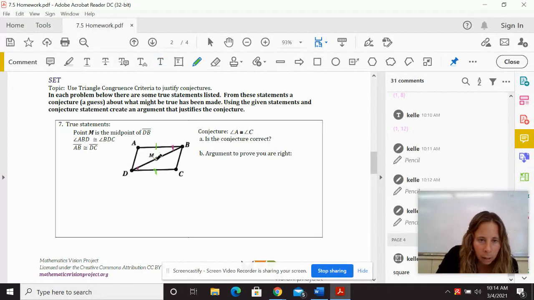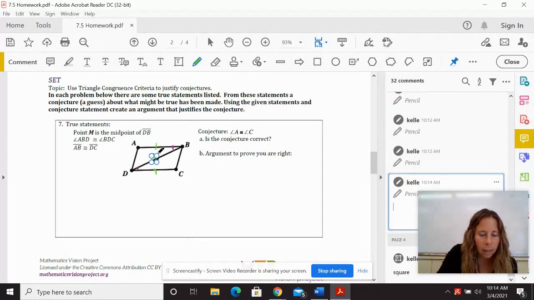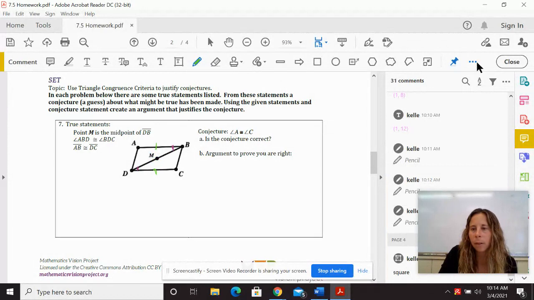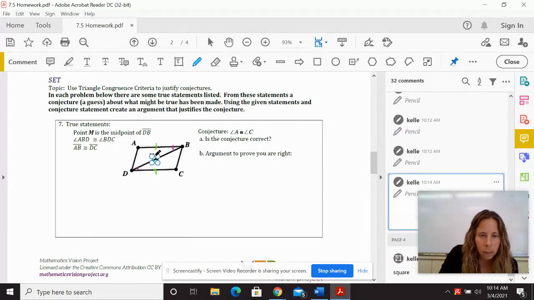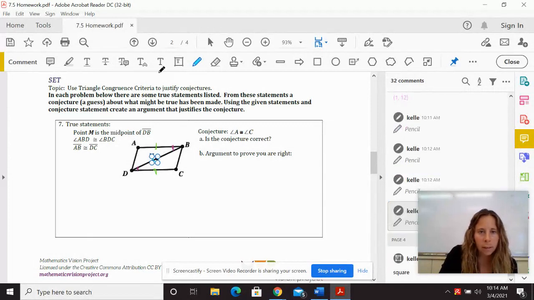They share this side. They share that side. So that means I have side, angle, side.